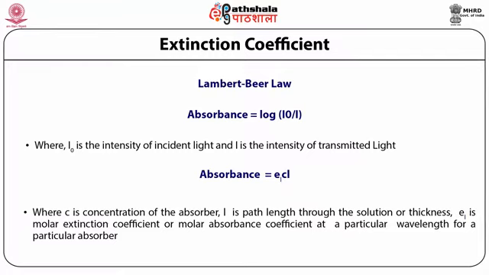This absorbance is simply given by the product of molar extinction coefficient at a particular wavelength for a particular protein with concentration of the absorber protein and path length through which the light passes through the solution, that is the thickness of the cuvette. For commonly used cuvette of 1 cm path length, the unit of molar absorbance coefficient is per molar per centimeter.